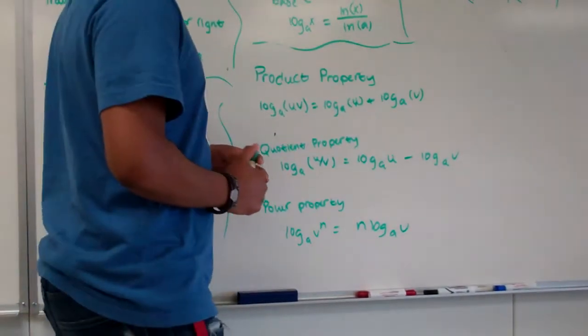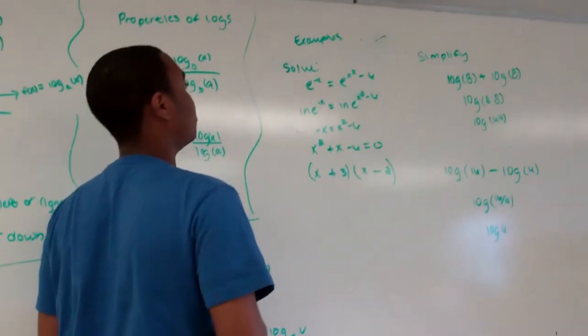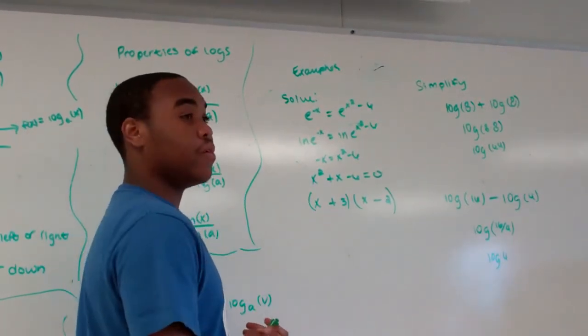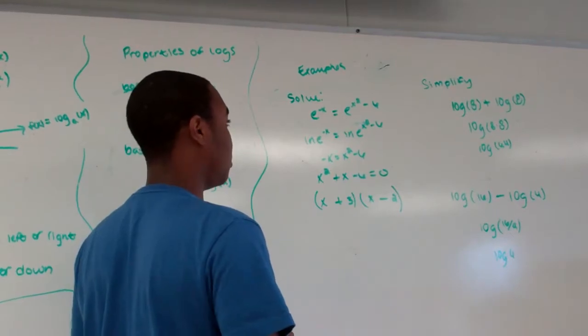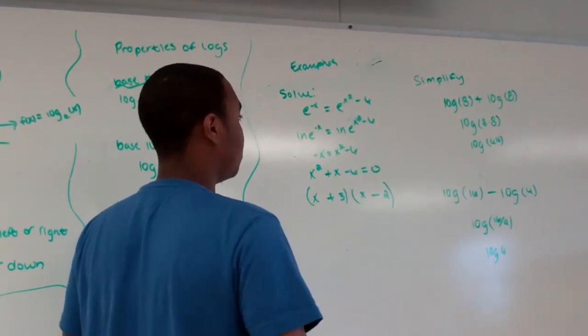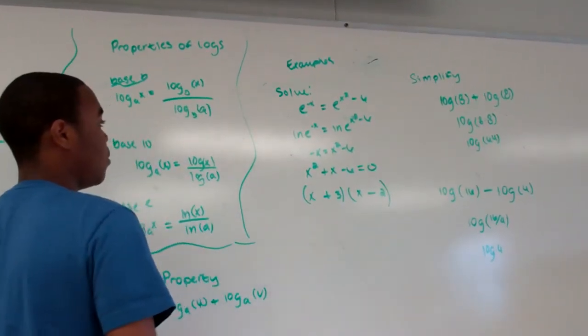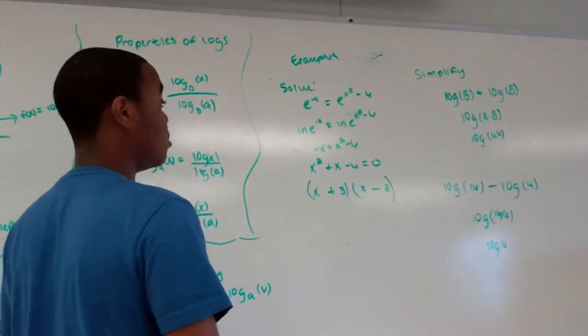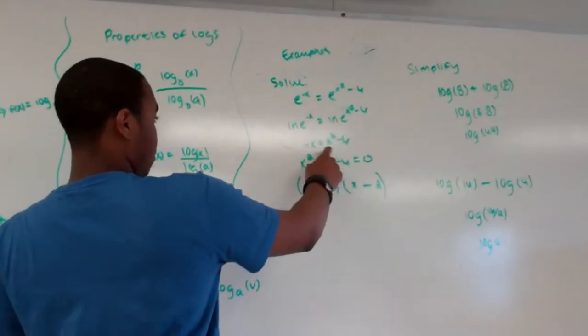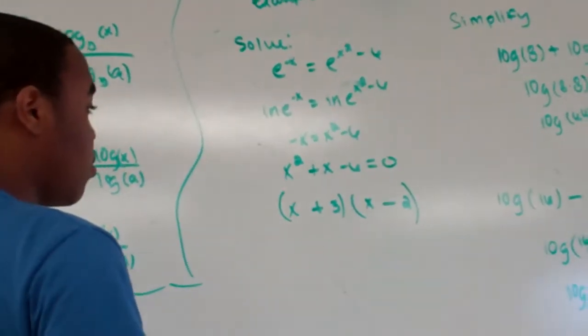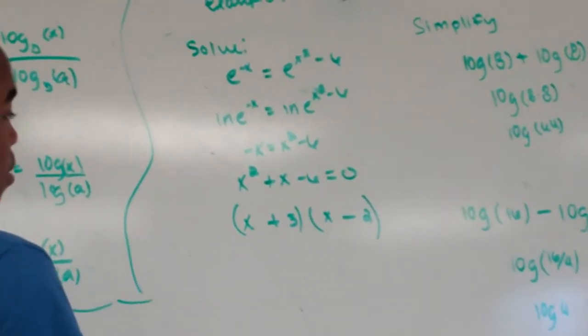And an example: it will ask you to solve e to the negative x equals e to the x squared minus 6. You'll take the natural log of both sides, giving you negative x equals x squared minus 6. You move your x over, getting you to a quadratic form. You can simplify and solve for x.